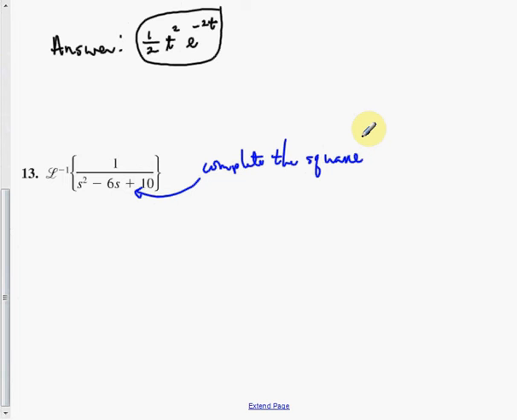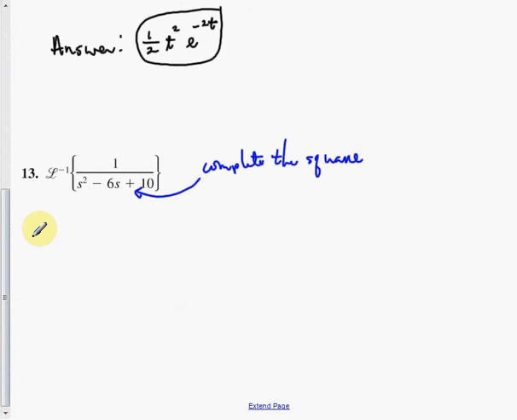Why am I completing the square? This particular problem is either going to be a cosine or a sine. And for your denominator for the cosine and sine, you got s squared plus k squared. If it's negative downstairs, it's hyperbolic cosine, hyperbolic sine. So you want to be able to build an s squared plus k squared from this s squared minus 6s plus 10. And the only way we can do that is to complete the square.